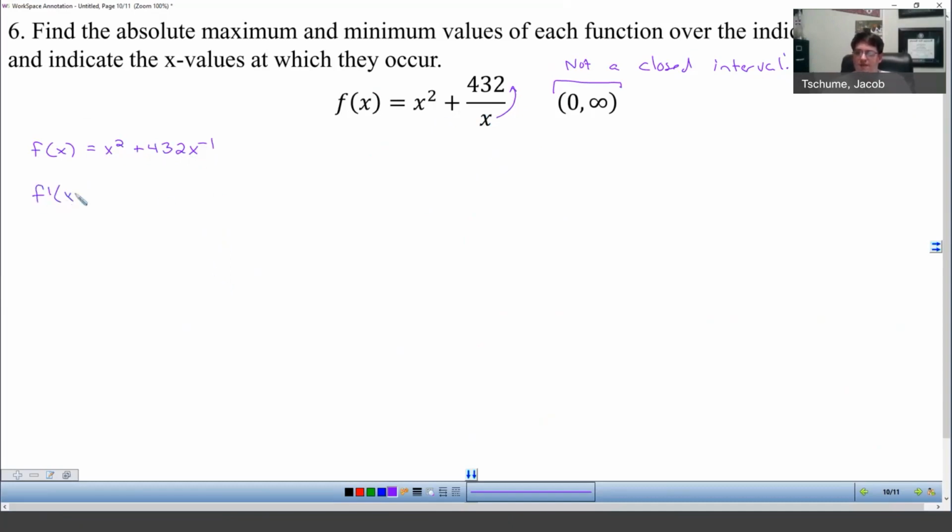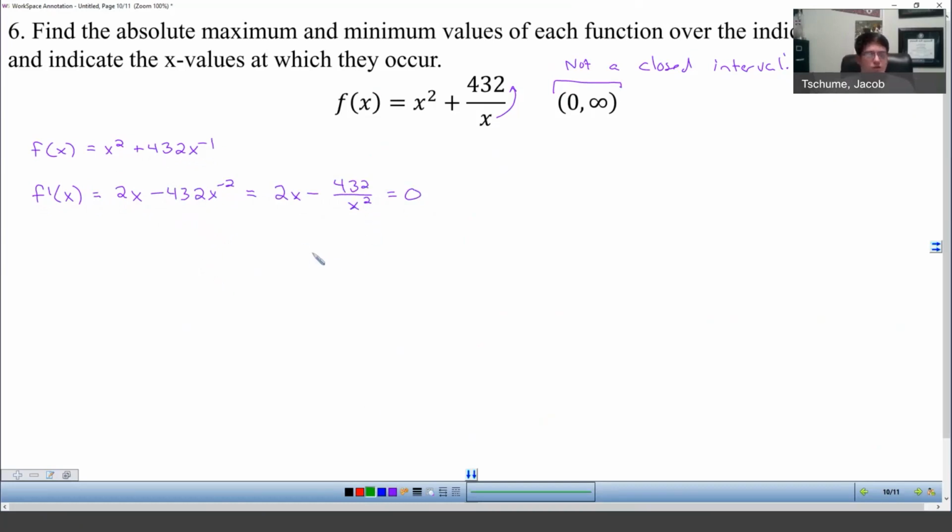When I find f prime of x, that's going to be 2x minus 432 x to the -2. I'm going to rewrite this as 2x minus 432 divided by x squared, and we're going to set this equal to 0 to solve for your critical values.